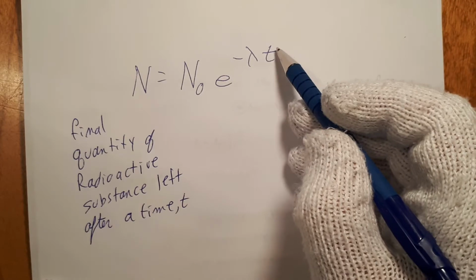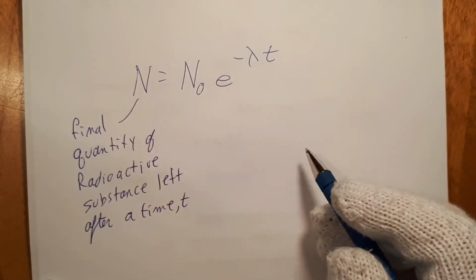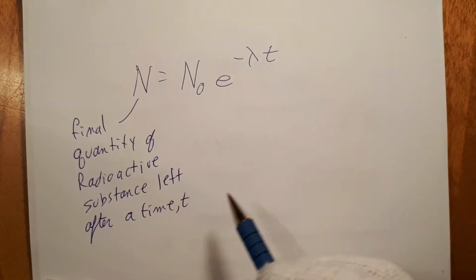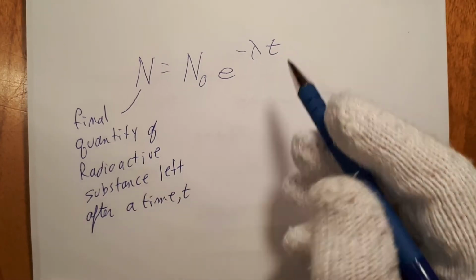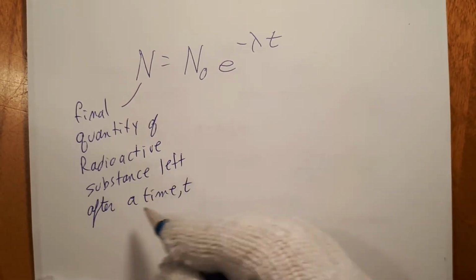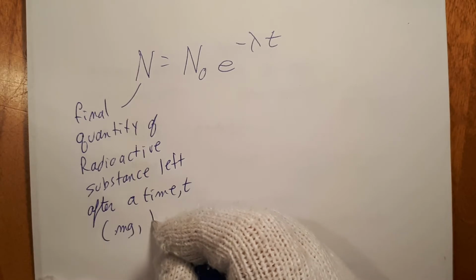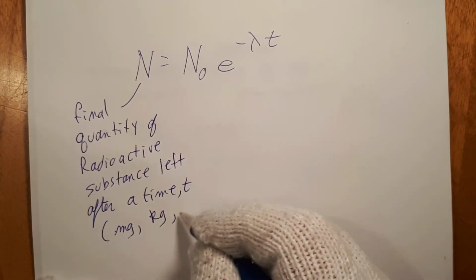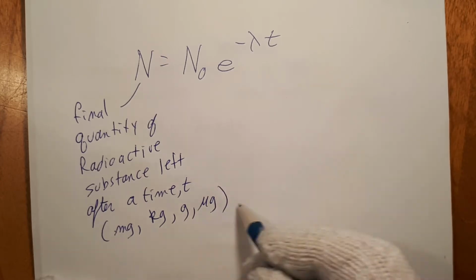That time t is this time t here. So N represents the final quantity of radioactive material that is left over after a specific time. The units for quantity are going to be milligrams or kilograms, or we can use grams or even micrograms, some unit of mass.